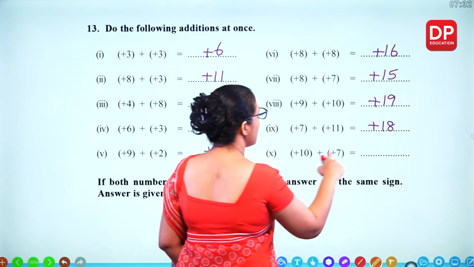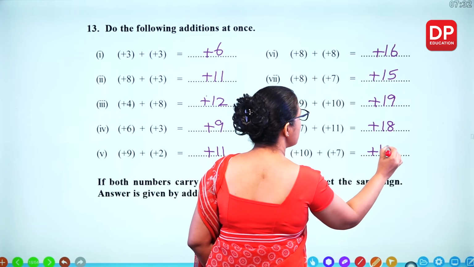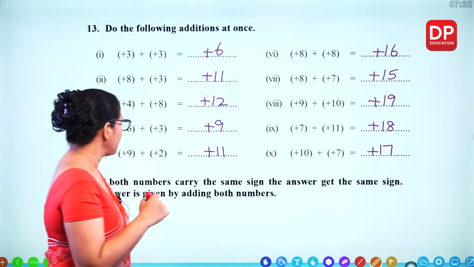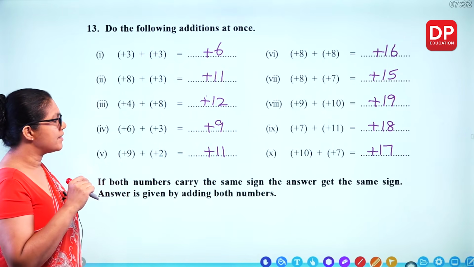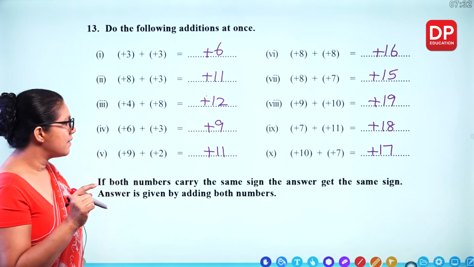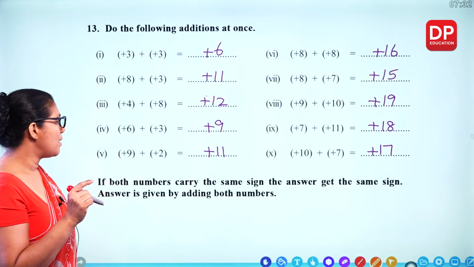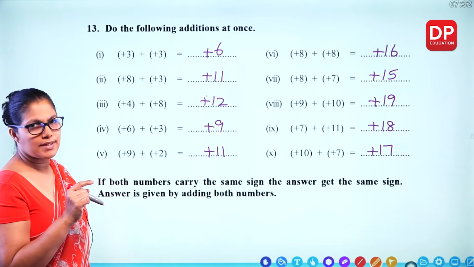And 10 and 7, plus 17. So if both numbers carry the same sign, the answer gets the same sign. The answer is given by adding both numbers.